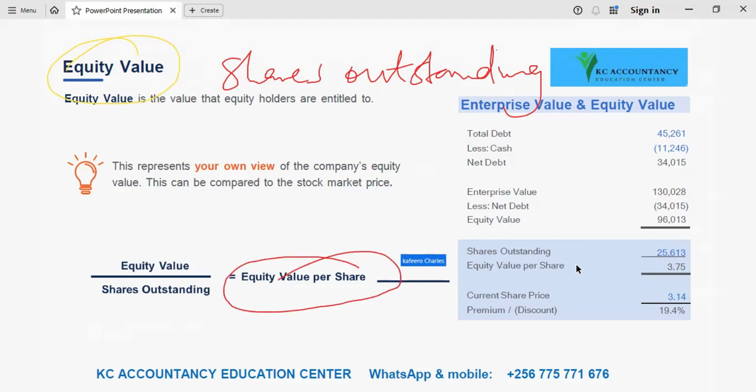Now, if we are trying to get the equity value per share, we would take the total equity value and divide it by the number of shares outstanding.